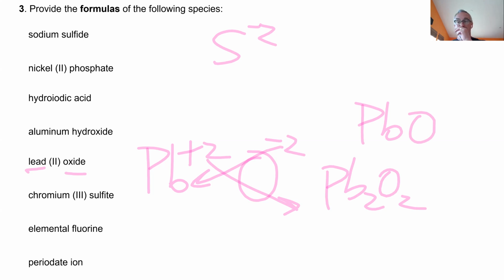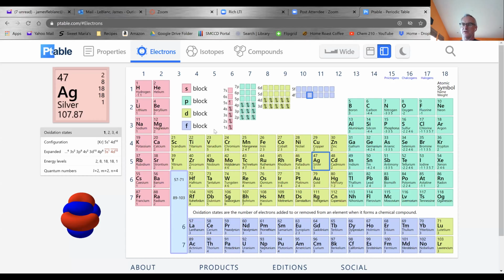The last one is a trick question. Elemental fluorine. Elemental fluorine means that it's not an ion. And so we can't say it's F-. Fluorine and all the other halides, let me go back to the periodic table. So the halogens is the last group before the noble gases, group 7 or group 17, depending on how you're naming them. So it's this group here.